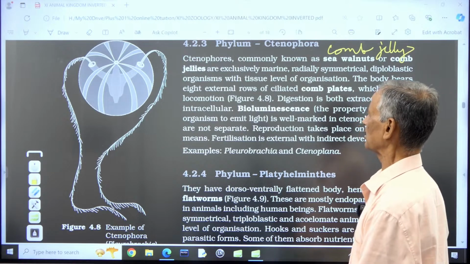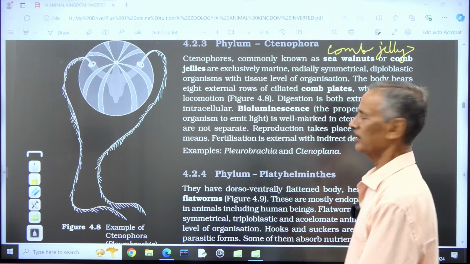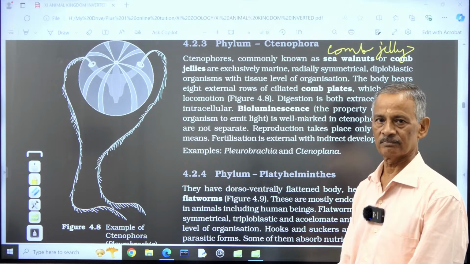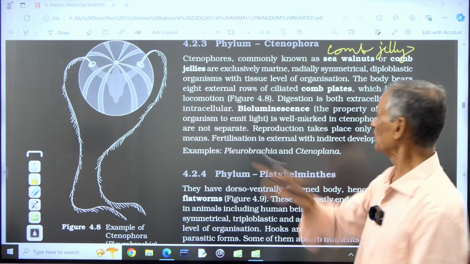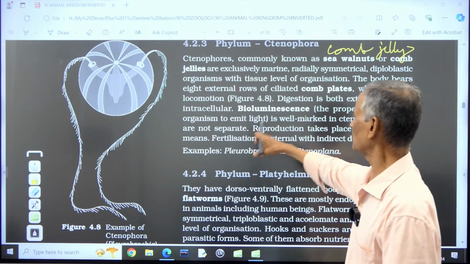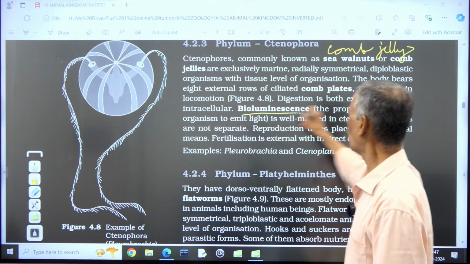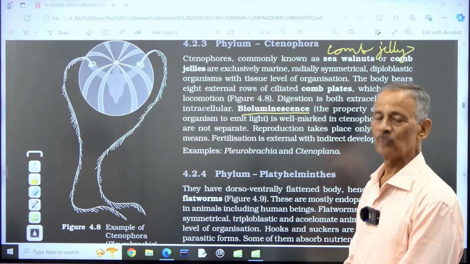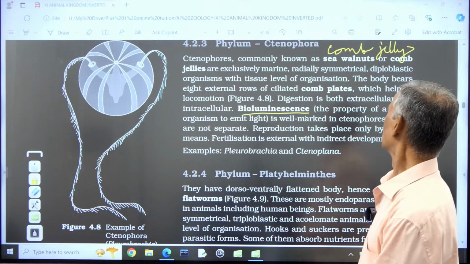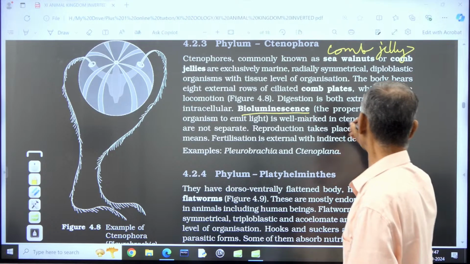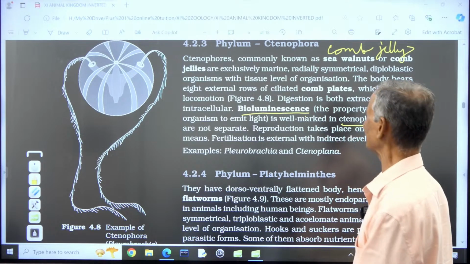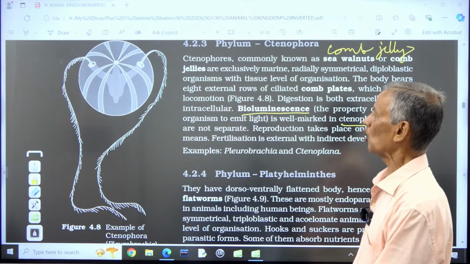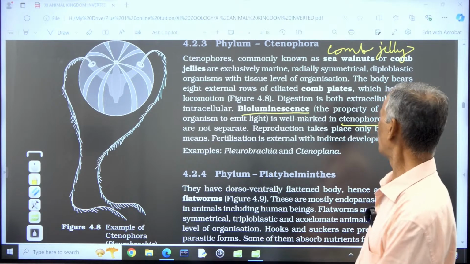Another important feature is that they are capable of emitting visible light. The property of a living organism to emit light is called bioluminescence. Bio means life, luminescence, producing light. It is well marked in ctenophores. Now you understand why they are called Ctenophora? Because ctenum means comb. They bear combs. Okay.